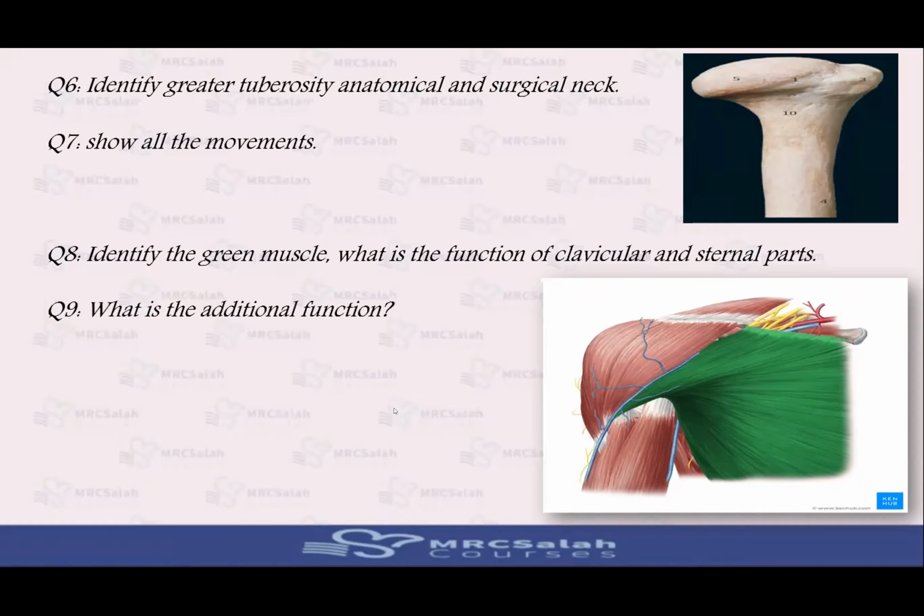Does it have any additional function, Dr. Muhammad? Yes, it is an accessory muscle of respiration. Okay.